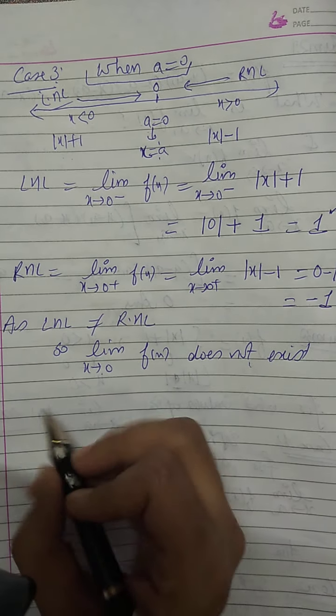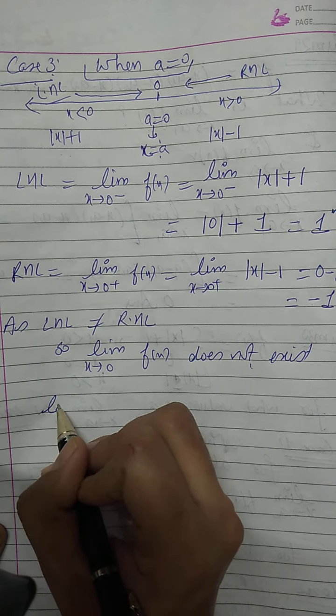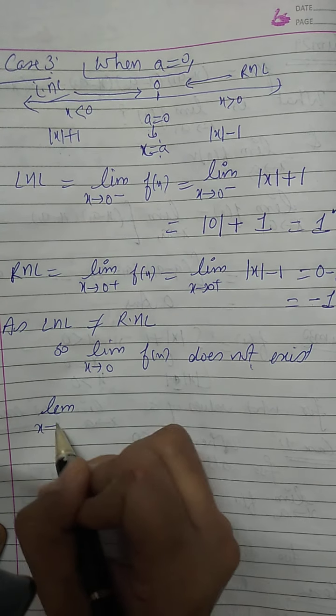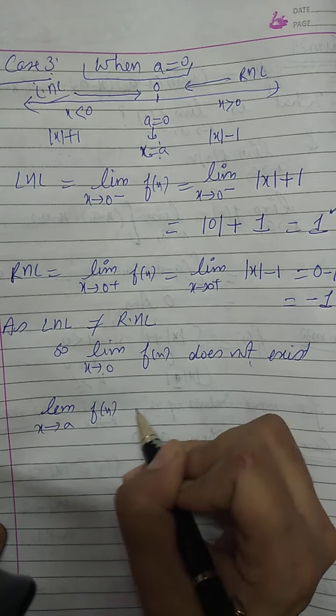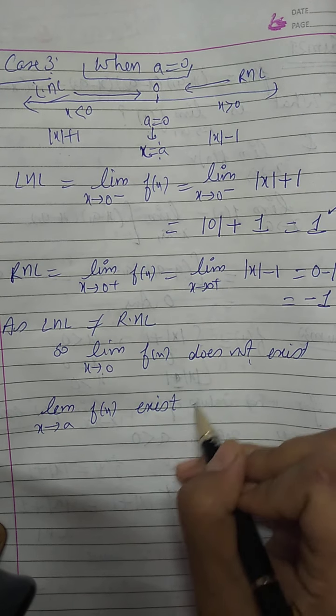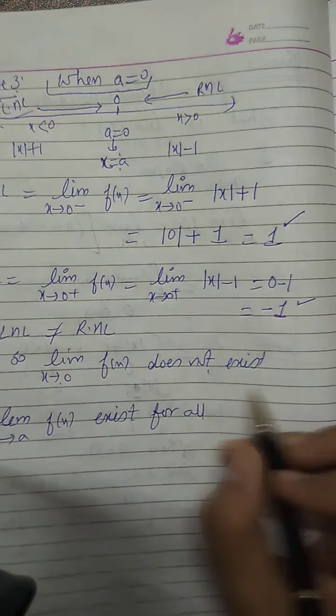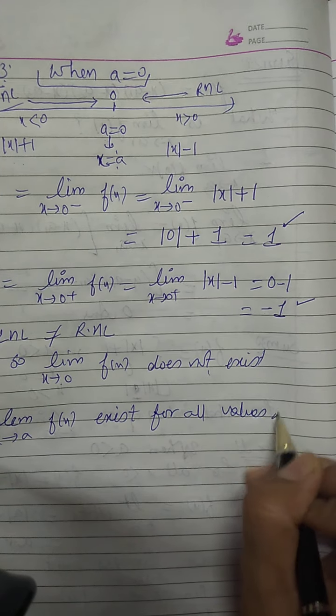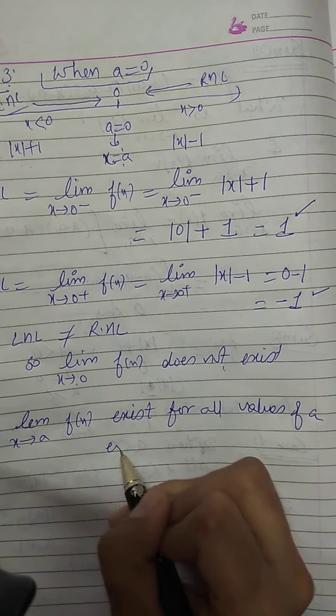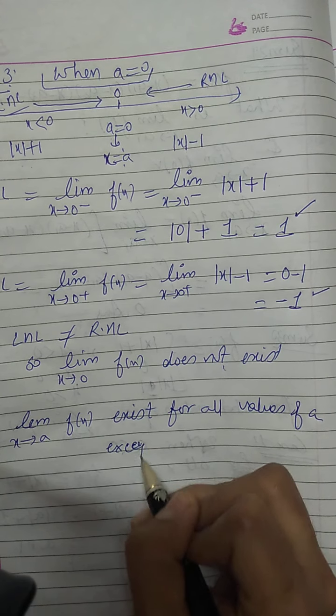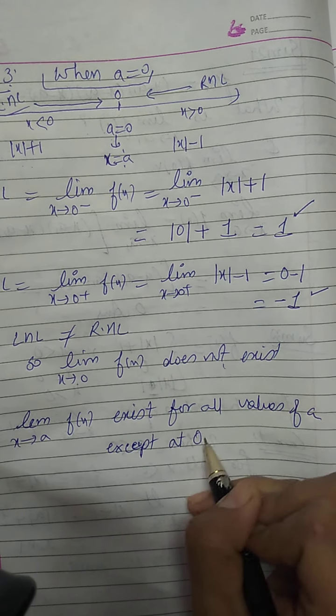So what will be the final answer? We will say limit x approaches a, f of x exists for all values of a except at 0.